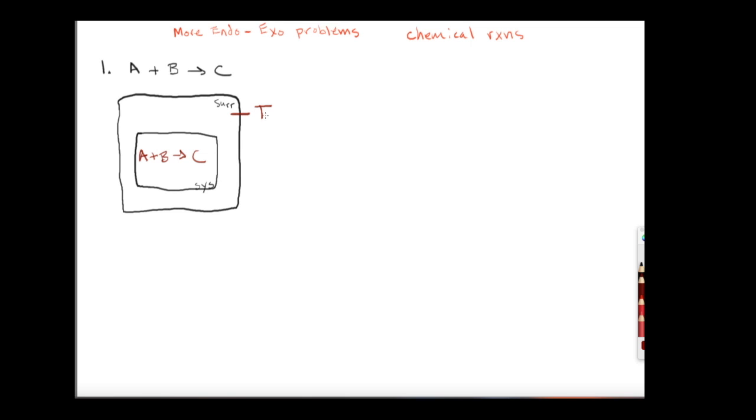When we start the experiment, we have our surroundings, and we take A and B and mix that into the water, and A and B start to react. The temperature is going to decrease. So T1 here is going to shift, and we're going to see a decrease in the temperature. If I illustrate that this way, we would say that T2 is going to be less than T1. What does this mean in English?